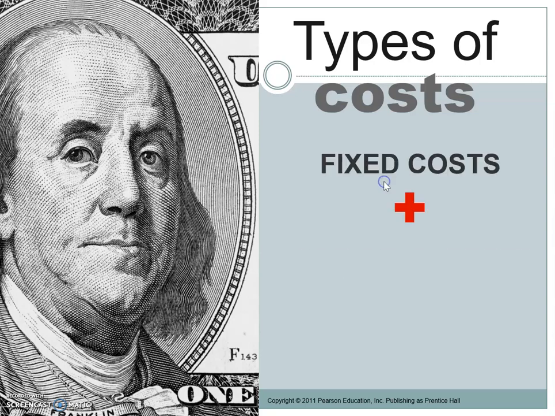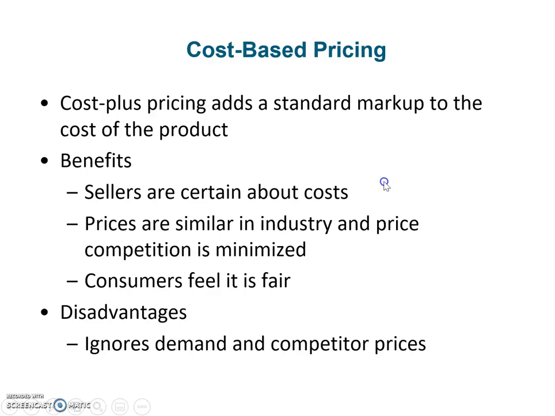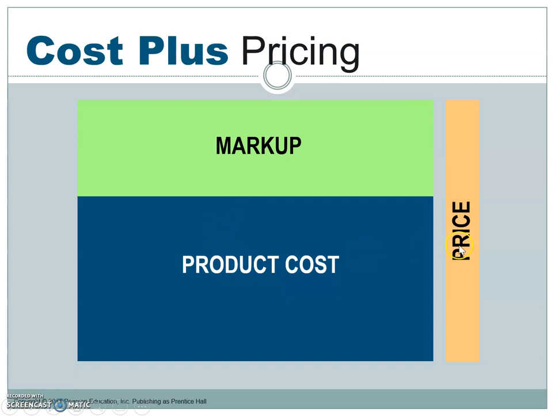Look at this one: we calculate our costing, put some markup, and then that will be our price. This is cost-plus pricing. The total amount will be the price.